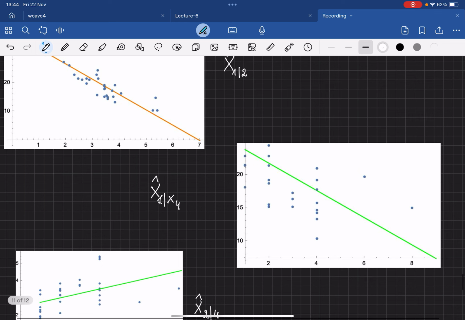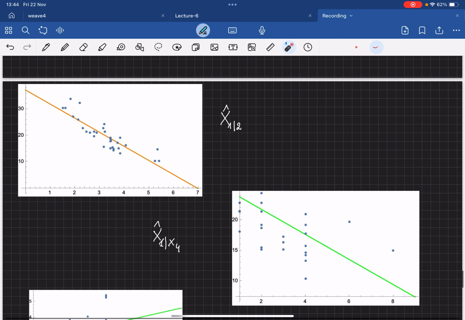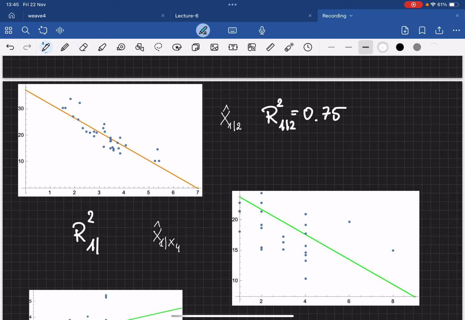In the two previous examples, both regressions are negative, and here we have, as we calculated before, r squared 1,2 equal to 0.75, and here we have r squared 1,4, which is equal to 0.3.